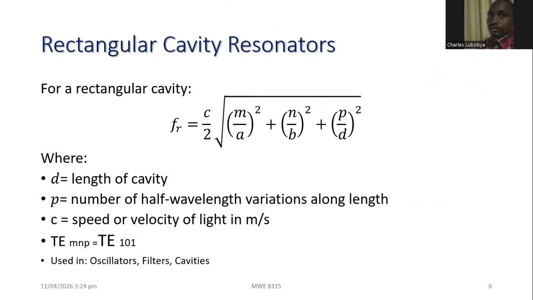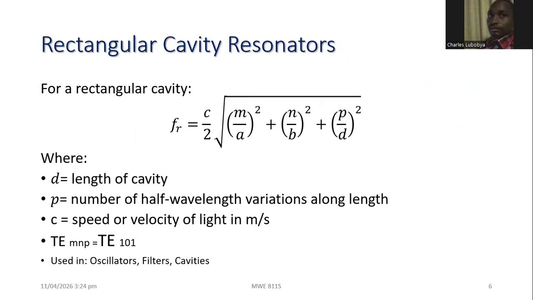But for rectangular cavity resonators, remember, you don't just have the height, which is denoted by b here, or a, which is the width. It also has a component called d, which is the length of the cavity resonator.